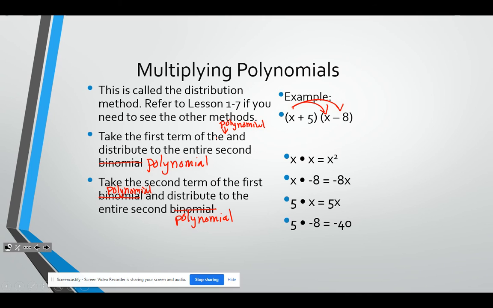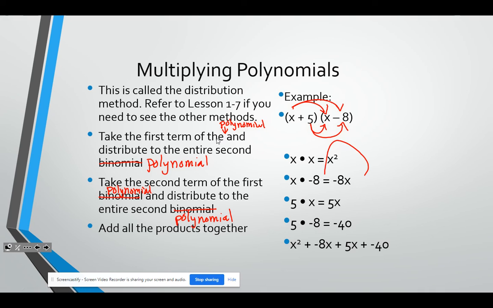I'll do that here with the 5. And then we'll combine all the things together. We add all of those products together. These are the 4 products right here. We add them together and then combine any like terms, which we have in the middle. -8x and 5x gives me a -3x.